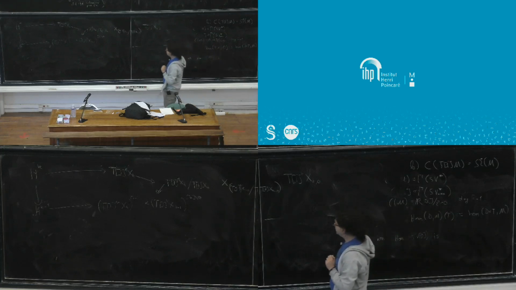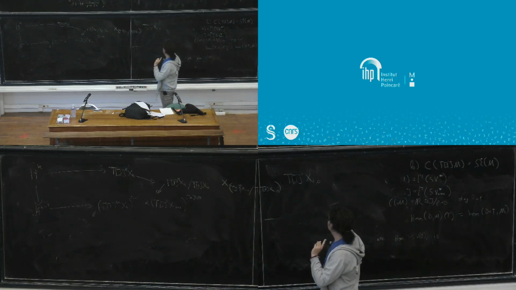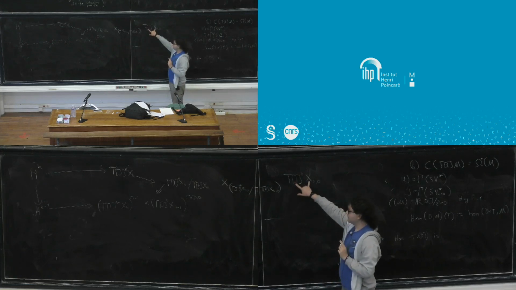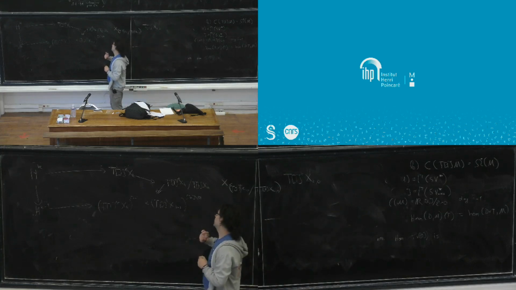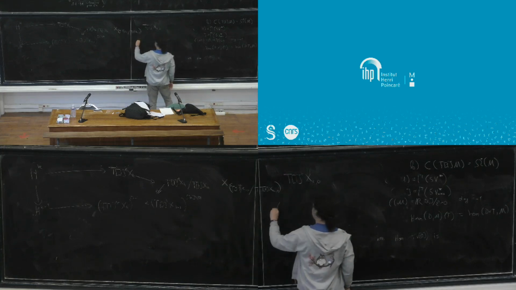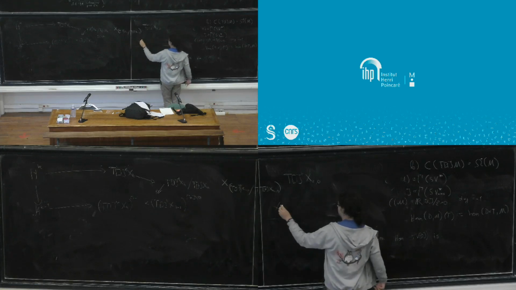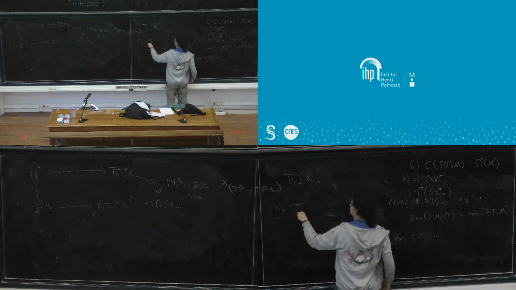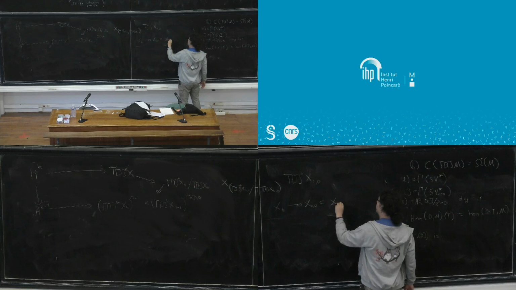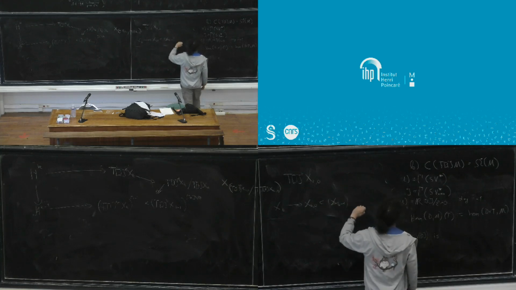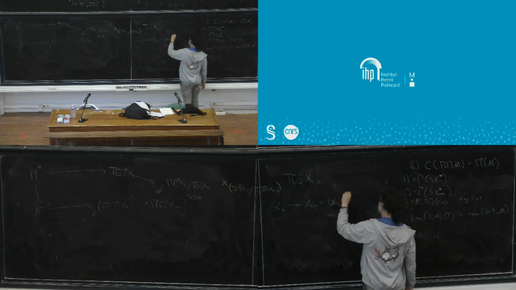And the fact that we are mapping into X_k^0 is relatively immediate. Basically, if we have X_k, it projects to X_k^0, which naturally sits inside X_{k-1} to the power k without 0.